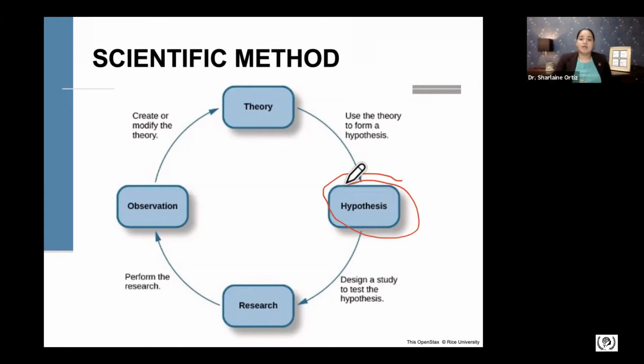So notice that a hypothesis involves a form of prediction. It actually involves how do we think one manipulation of that variable is going to translate later on to the rest of our research. Now, in order to test a hypothesis, remember that hypotheses have to be testable. We must conduct research that is able to test whether or not that hypothesis stands true.